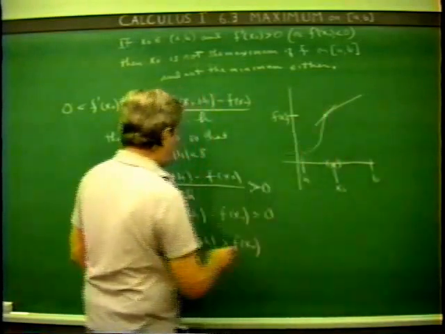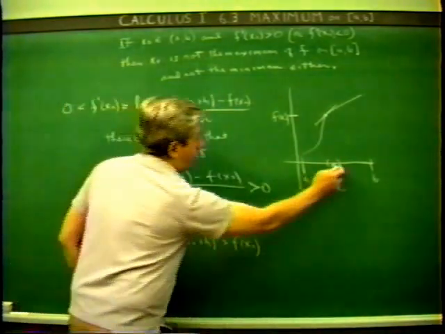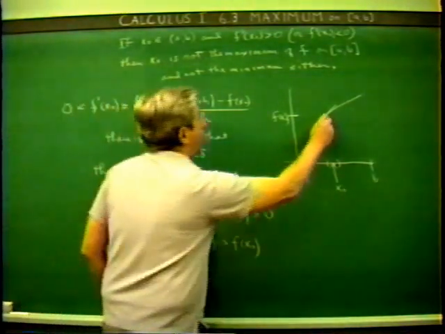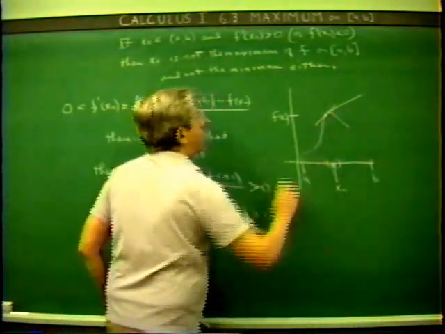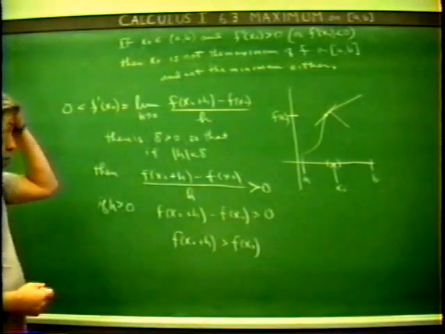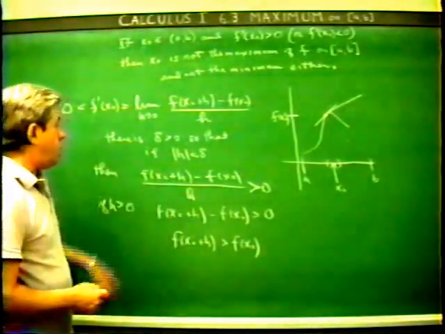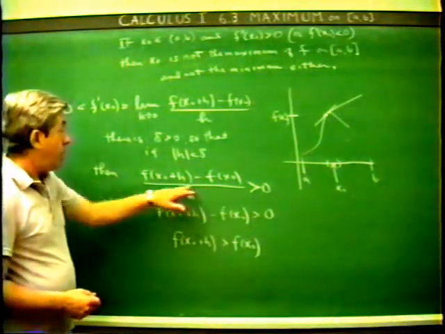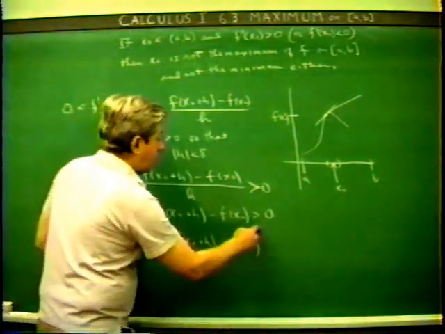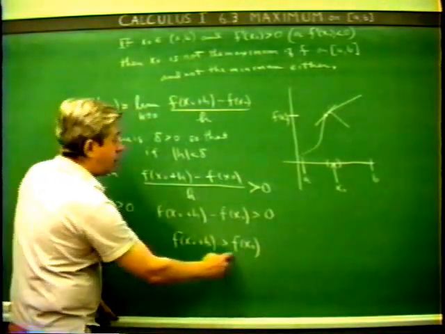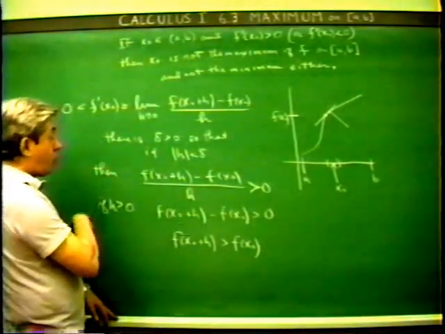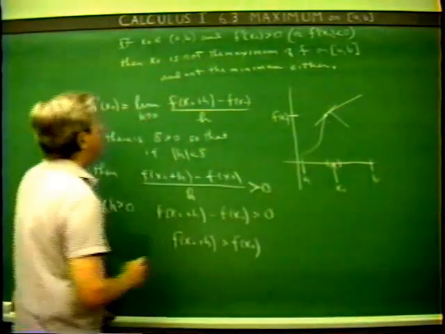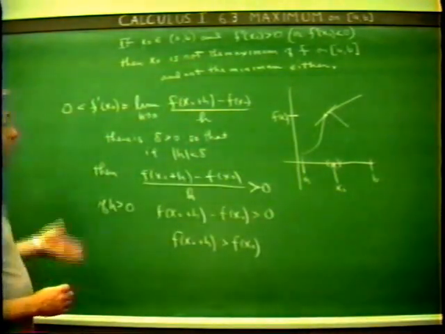And so that shows that this cannot be the maximum, because f of x naught plus h for small h over to the right here is larger than f of x naught. It may not have to stay larger for long, but it's definitely going to be larger for a small enough h to the right. And similarly, if h was less than 0, if we multiply by h, we get the opposite inequality, and we get f of x naught plus h is less than f of x naught for h to the left of x naught. So this can't be the minimum either.